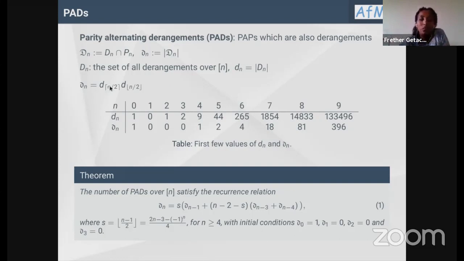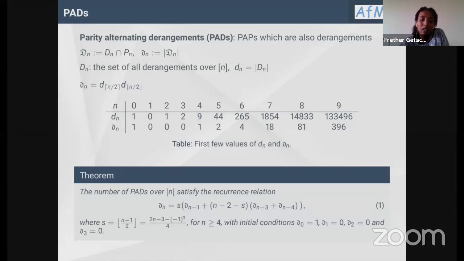So in that case, we can find the number of parts by the number of derangements in this way, where dn indicates the number of derangements, but the Gothic dn indicates the number of parts. Here we have the first few values of the dn and the Gothic dn.